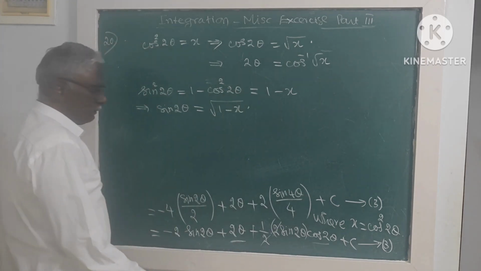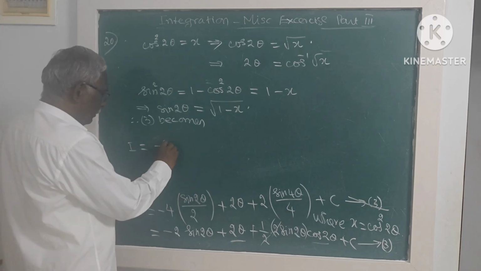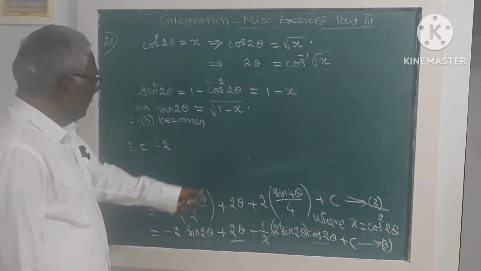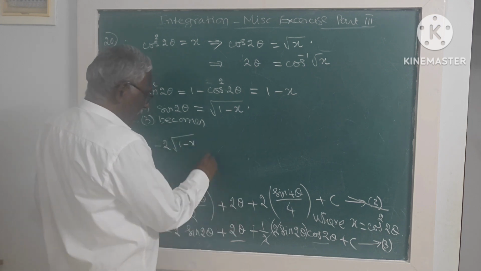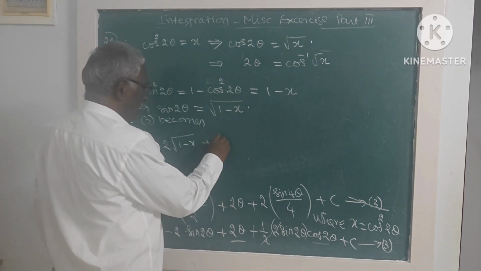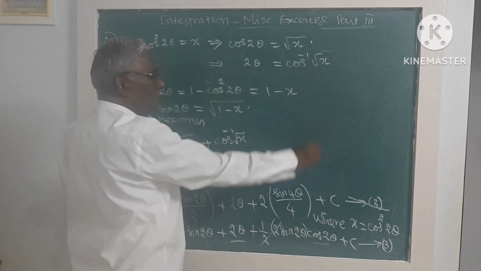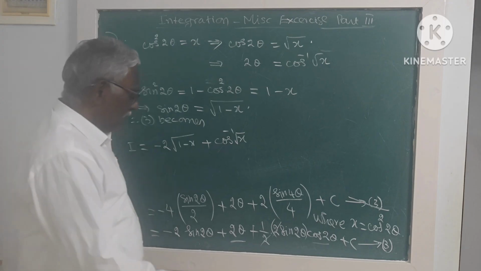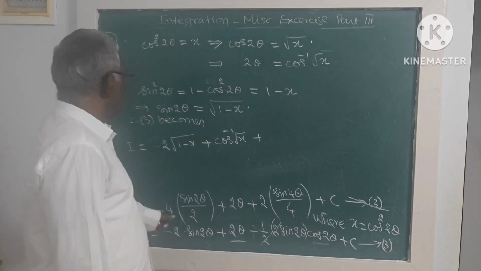Therefore 3 becomes minus 2 times, 2 theta is cos inverse root x, plus sin 2 theta into cos 2 theta.